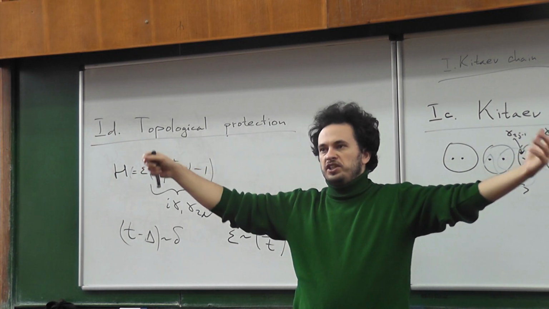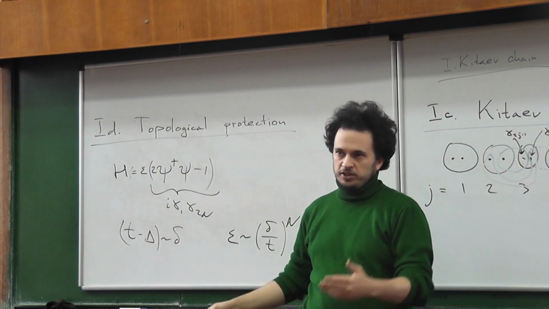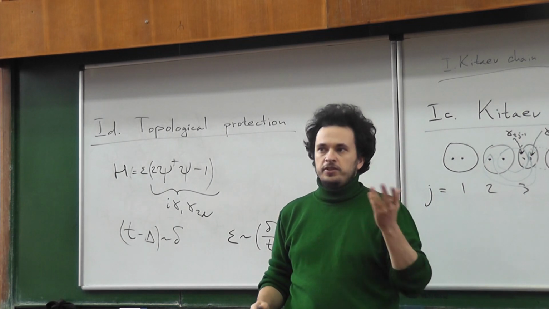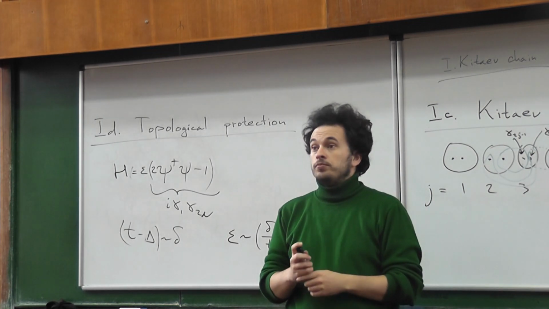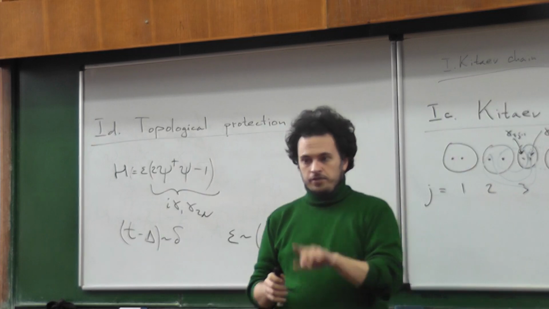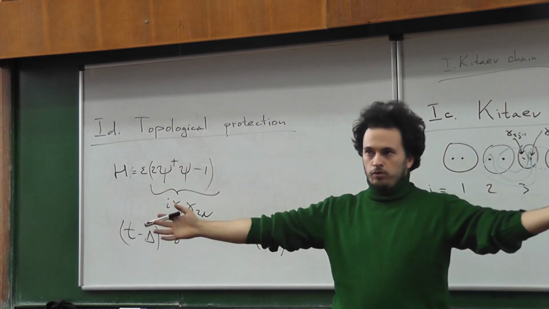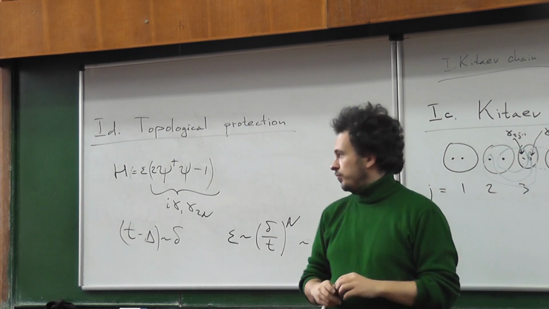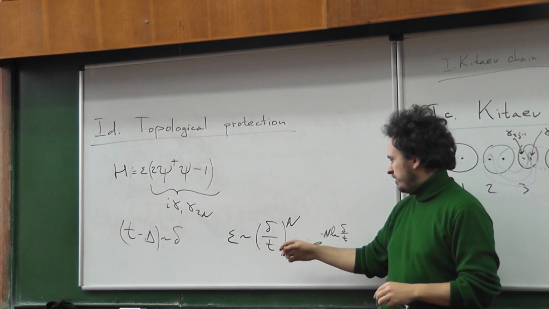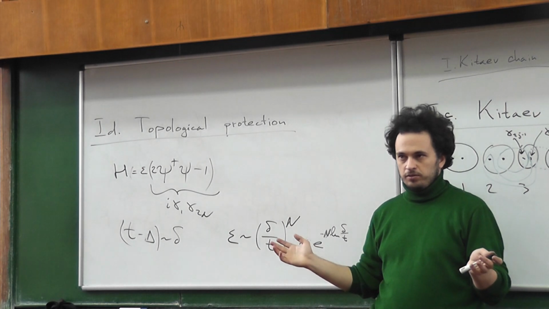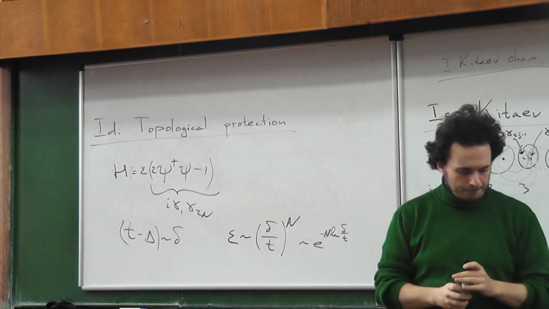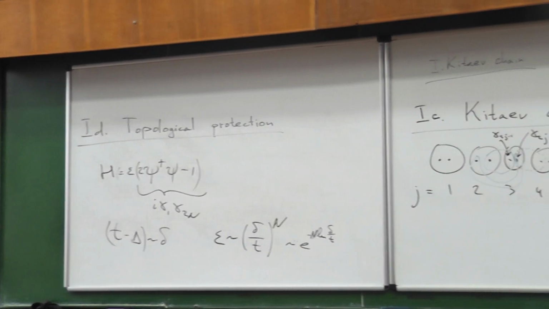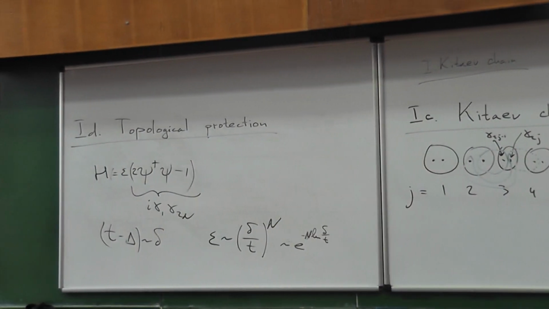It may not decay exponentially, it decays as a power law, but still it decays. So, once more, either my perturbation has to be non-local, which is unrealistic, or my perturbation effect is exponentially suppressed. And this is called topological protection.